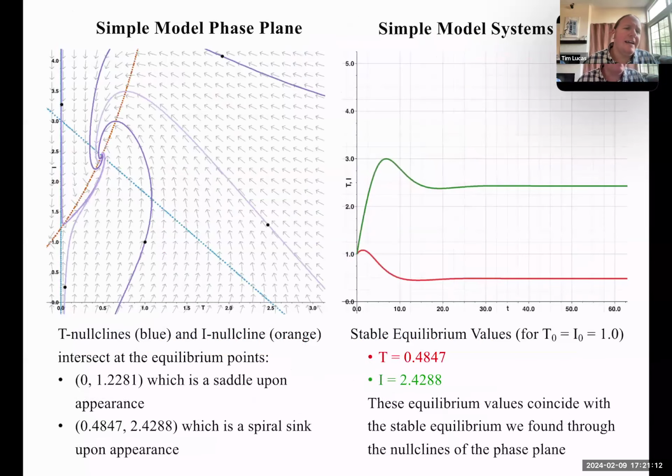And then again, here's a phase plane that they have. And they made some conjectures because they could look at this phase plane and say, well, that equilibrium looks like it's a spiral sink. They have pictures from the phase plane, both of immune cells versus T cells, as well as how those T cells and immune cells evolve over time.